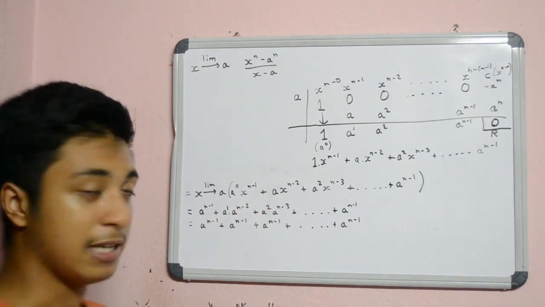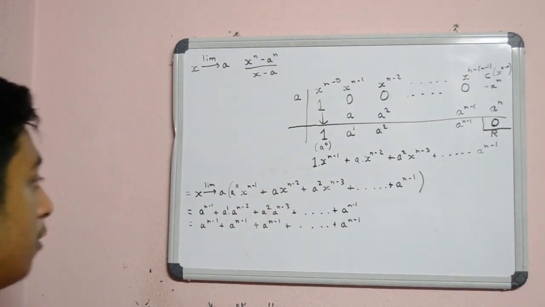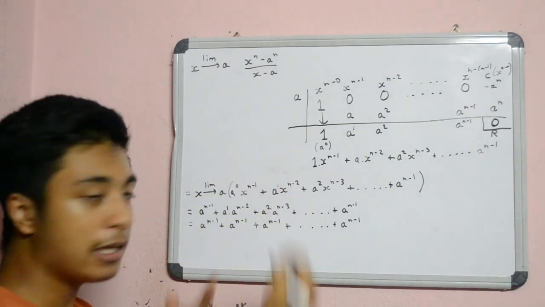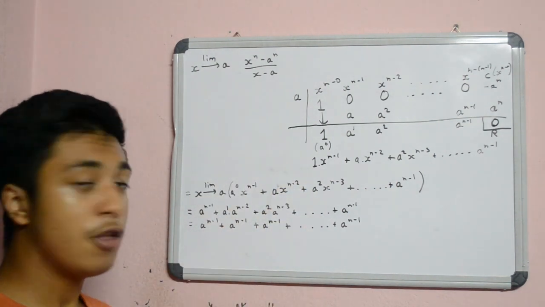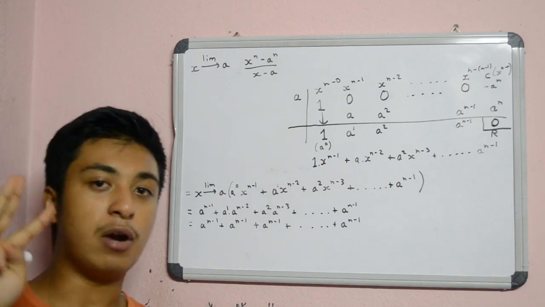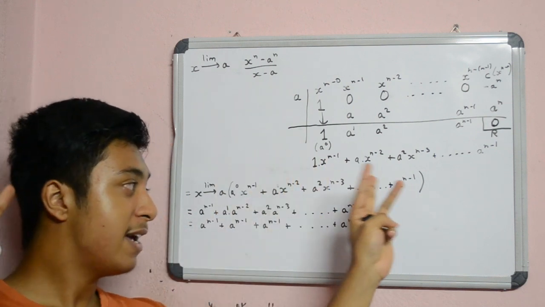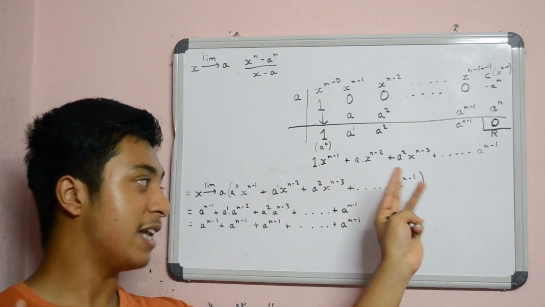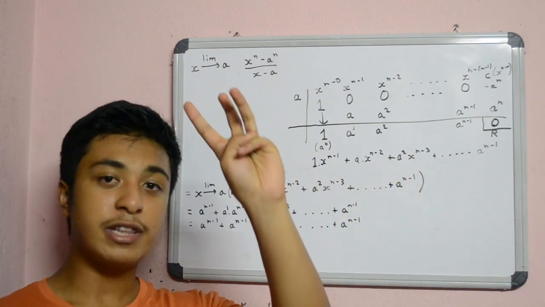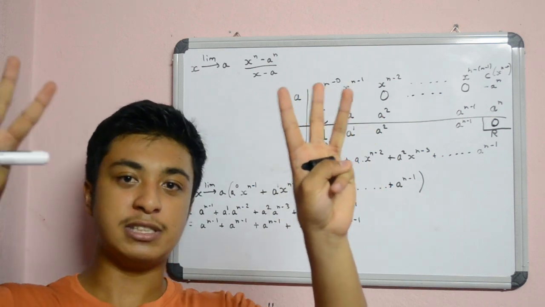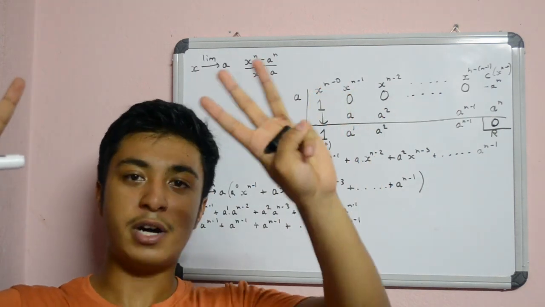Now let's find the pattern. For the first term, we'll have a to the power 0. For the second term, we'll have a to the power 1. Third term, a to the power 2. Fourth term, a to the power 3, and so on, and we have it ending in n minus 1. So when the power is n minus 1, to get the term number, we just add 1.